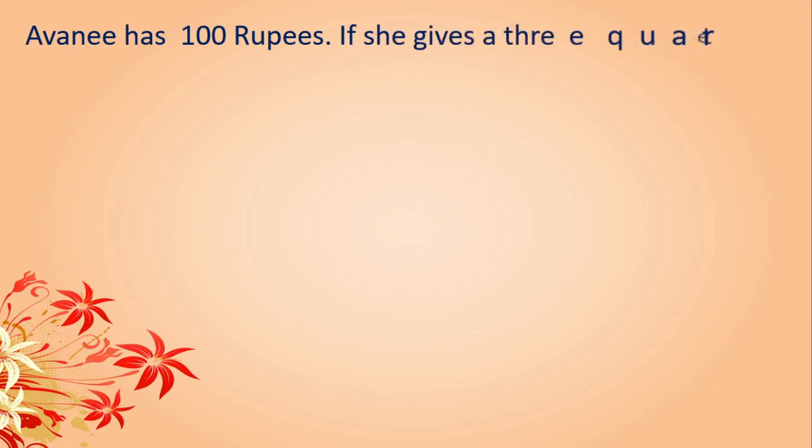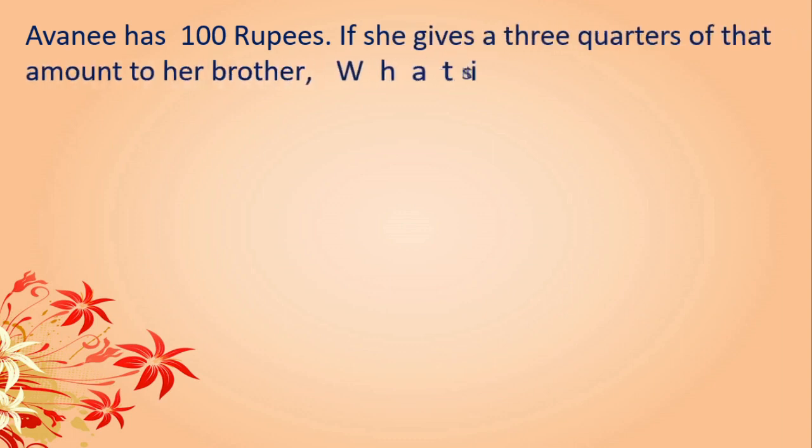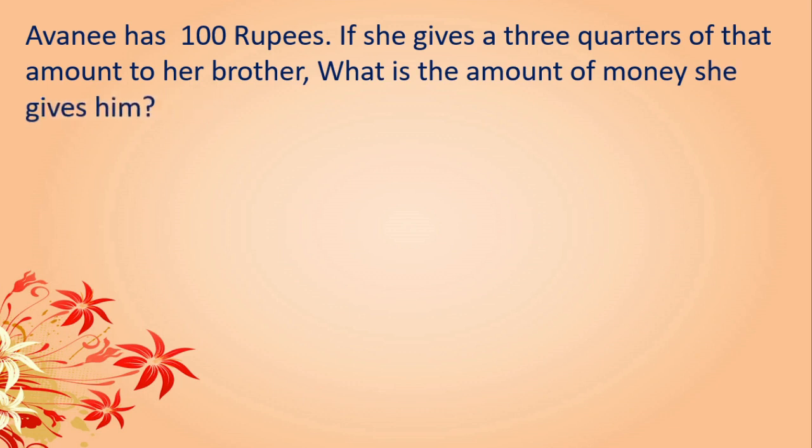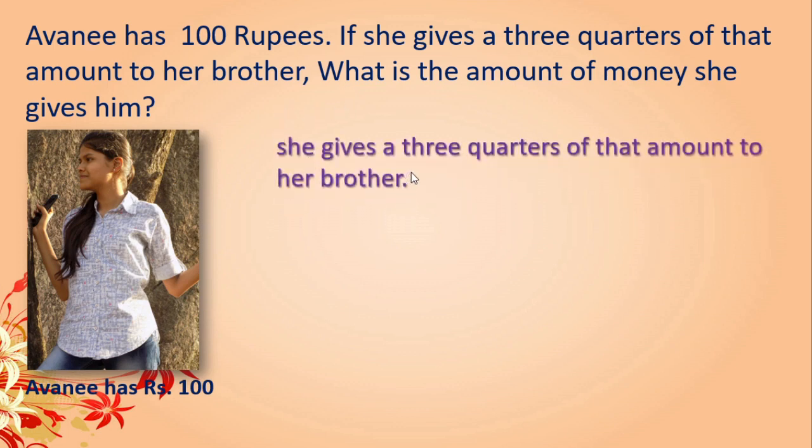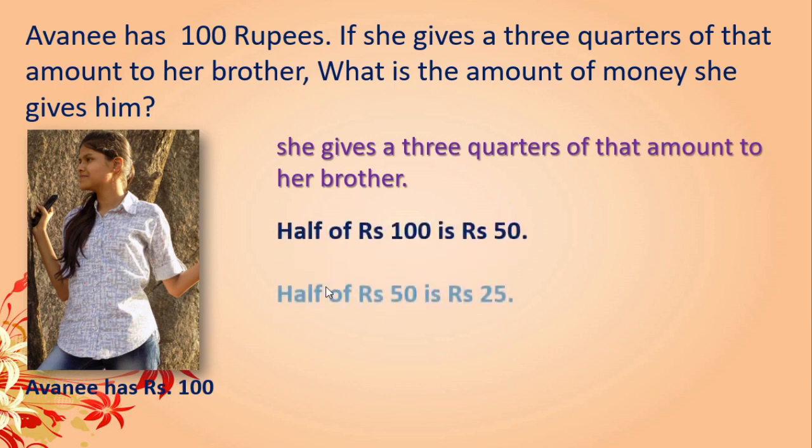Avni has 100 rupees. If she gives 3/4 of that amount to her brother, what is the amount of money she gives him? Here she has rupees 100. She gives 3/4 of that amount to her brother. First we will go through half. Half of rupees 100 is 50. Half of rupees 50 is rupees 25.